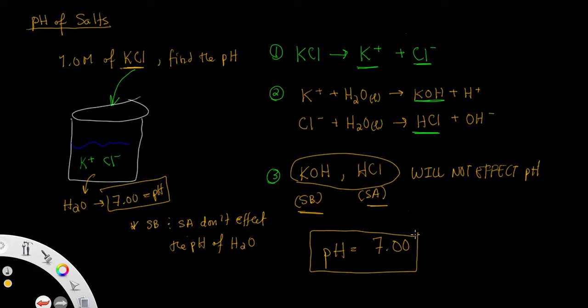The end thing that you should take away from this video is that if you have a salt and you dissociate it, and the ions that you dissociated it into add to water and produce strong acid and strong base, you will not affect the pH, so the pH of the water will stay the same. The pH of water is neutral, it's 7.00, so the pH of a strong acid and strong base solution will be neutral as well. Our pH will be 7.